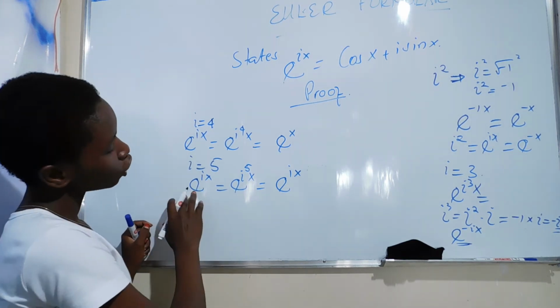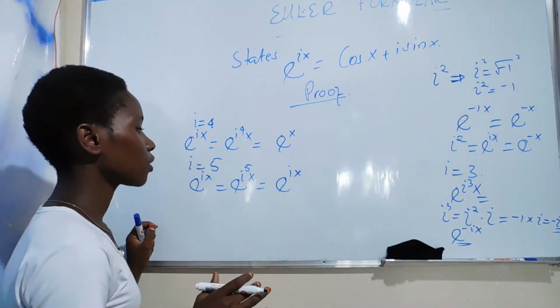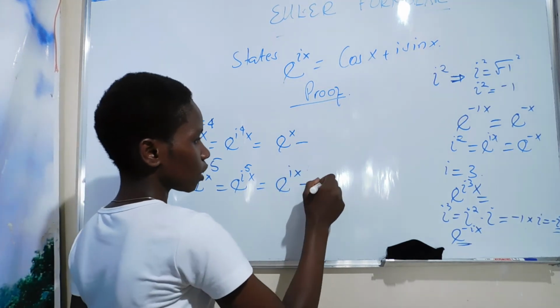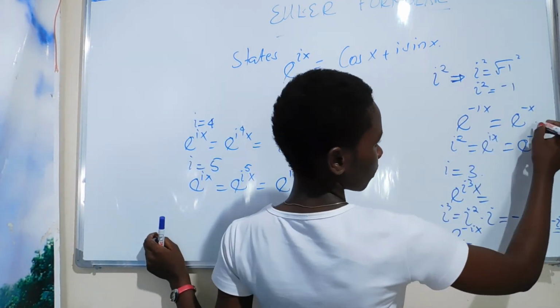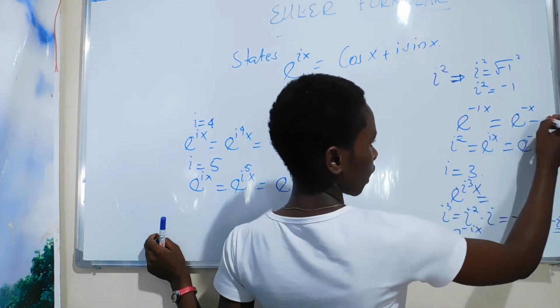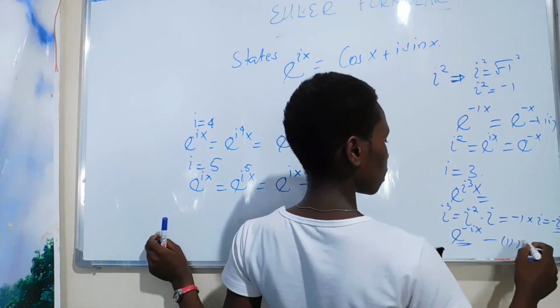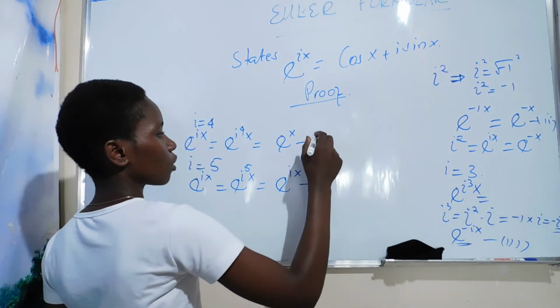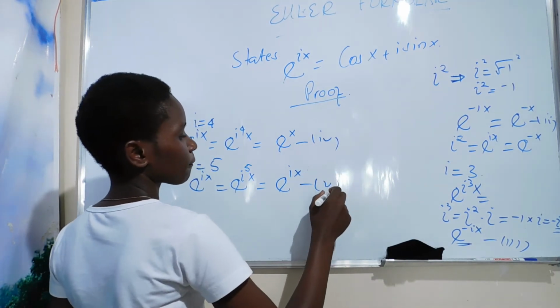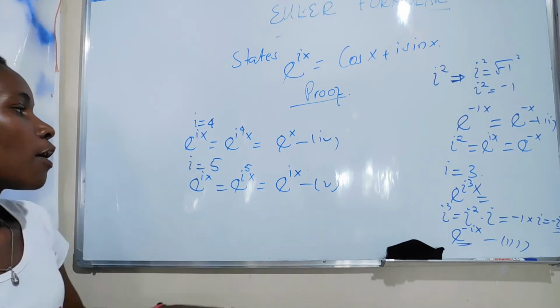So nikichukua kuanzia 0 mpaka 5, I'm going to get these equations ambazo nilikuwa nimezipata. I got the equation 1, this was equation 2, this equation 3, then equation 4, 5. So I have these equations.